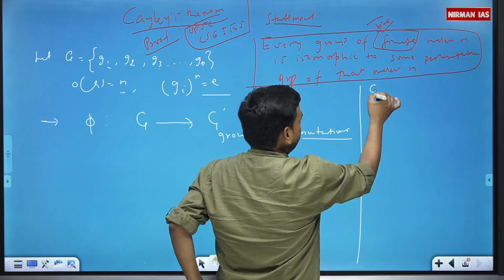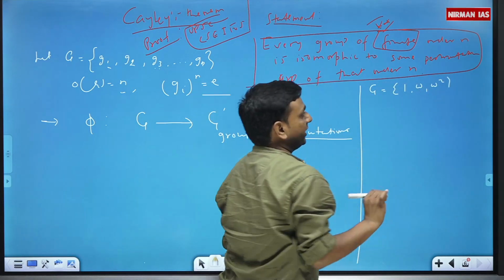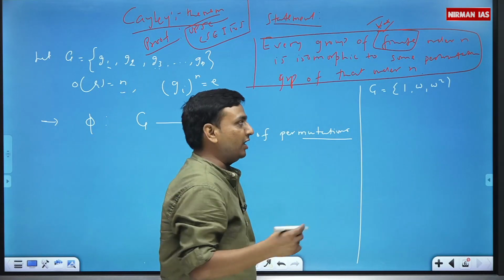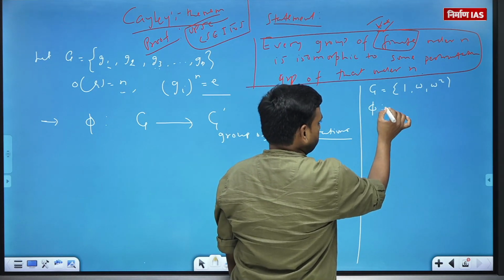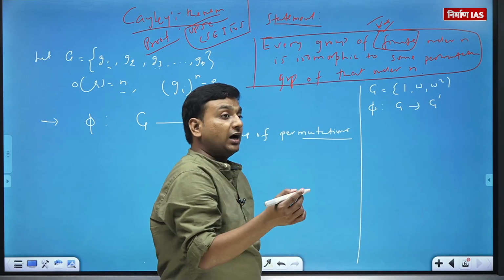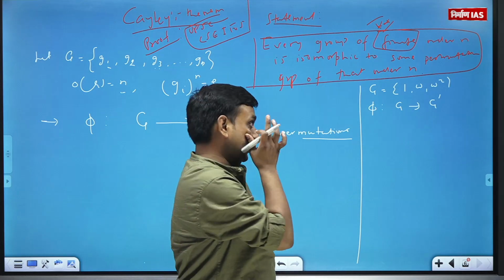Let us have G as the group 1, omega, omega square, the cube roots of unity. Omega cube will be 1. I want to define a map from G to G dash, and how my G dash will look, that I want to make clear here.